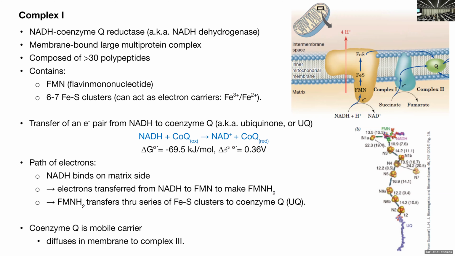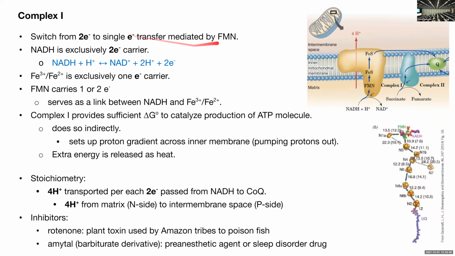We're still talking about complex 1, but it is quite critical because it switches its mode from harboring two electrons to a single electron, and that is mediated by FMN, the first one, which gets the electrons from NADH and can hold either one or two electrons.